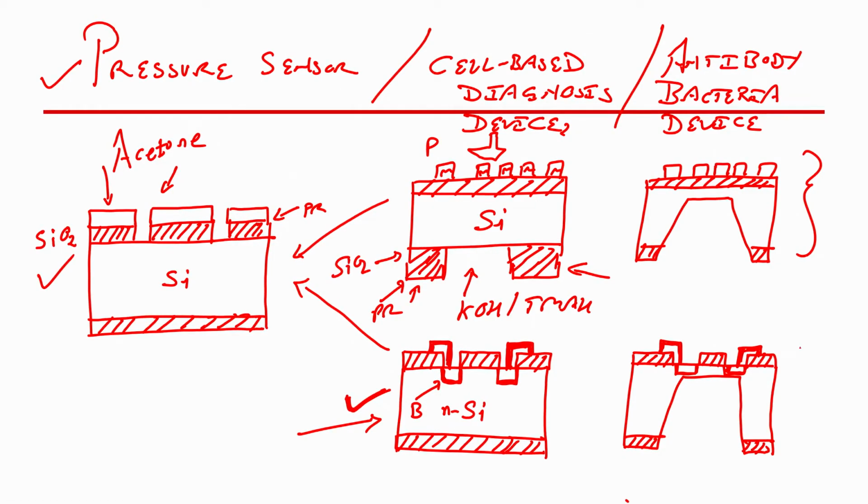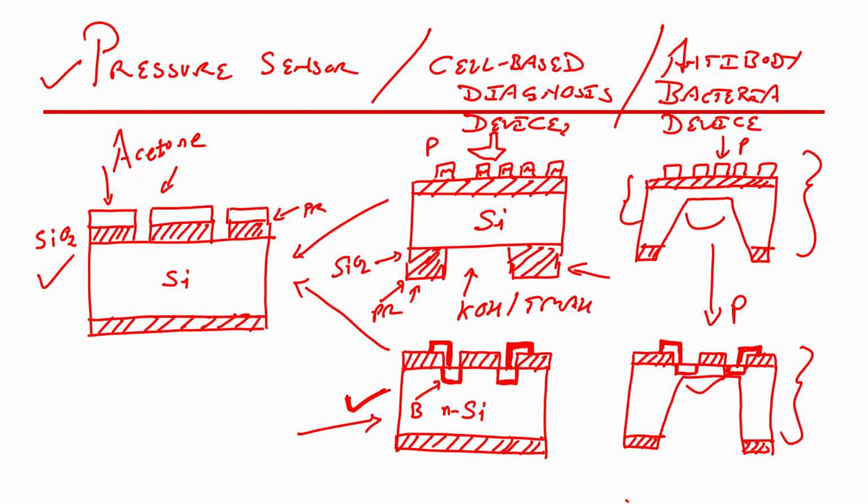Now, because of this diaphragm, if I apply a pressure, the diaphragm will bend, this will bend, and because of bending there is a change in the piezoresistivity and there is change in the resistance.